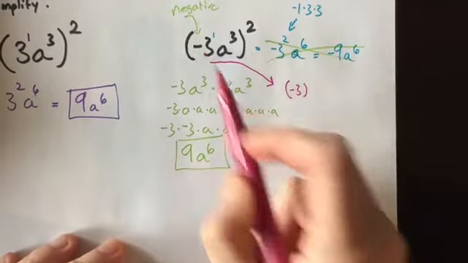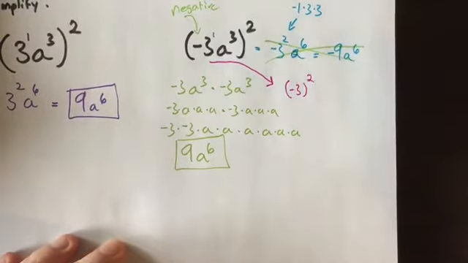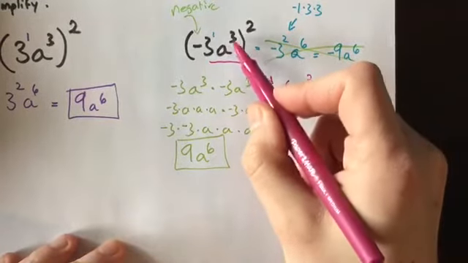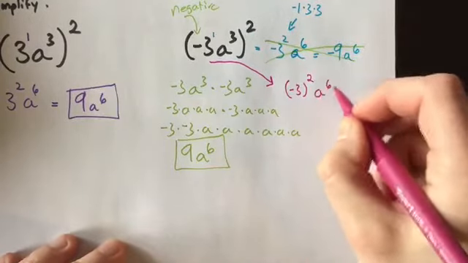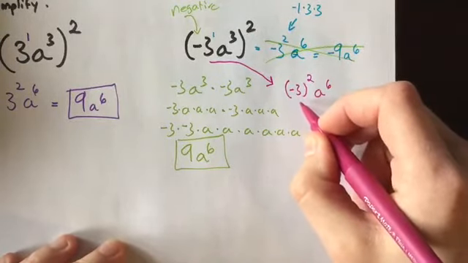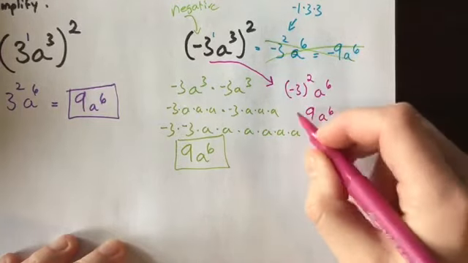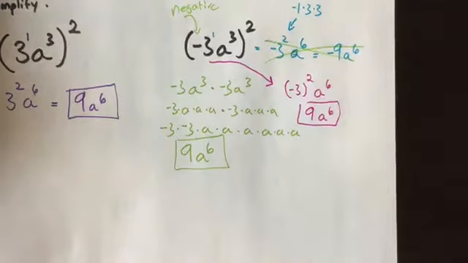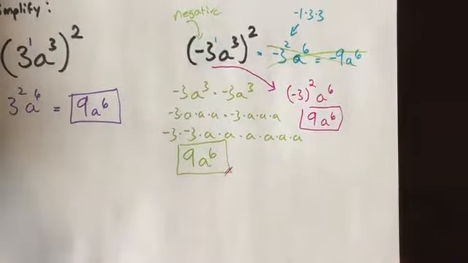So we had -3, I put it inside the parentheses, then raise it to the second power, and then we have a to the third to the second, 3 times 2 is 6. Now this shows -3 times -3, which gives us that +9 a to the 6th. It's a slight little difference. Again, if you're unsure, when in doubt, expand it out, because that worked beautifully for us there.